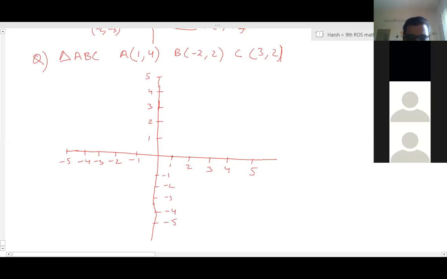Let's plot point A, (1, 4). Somewhere here. B is (minus 2, 2). Somewhere here. This is A (1, 4), B (minus 2, 2), C (3, 2). Correct? Any doubt in plotting these points? No, sir.